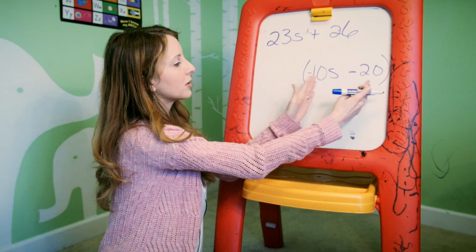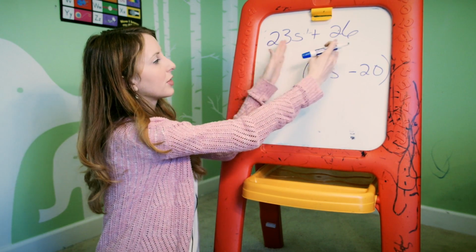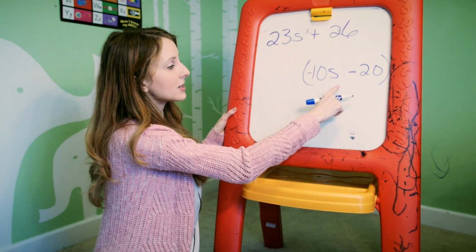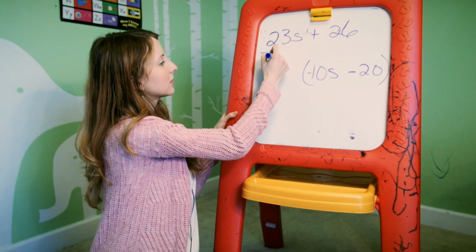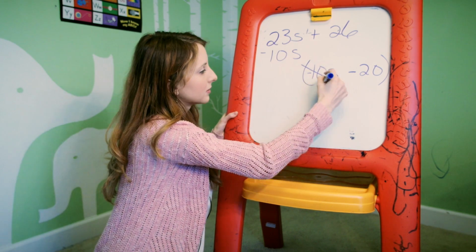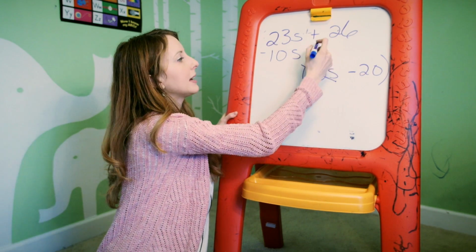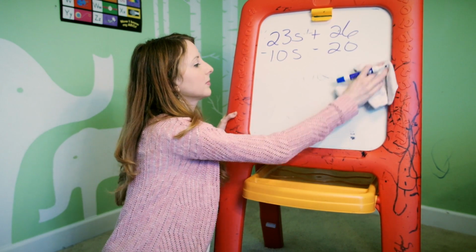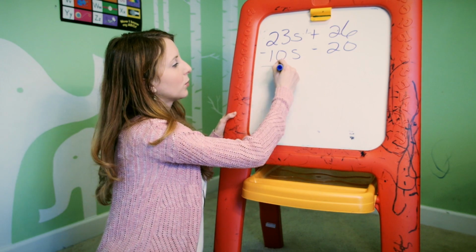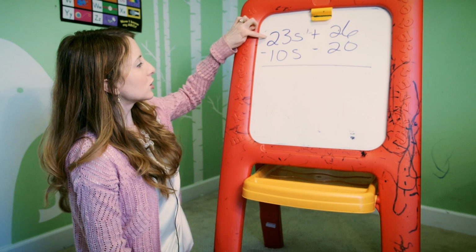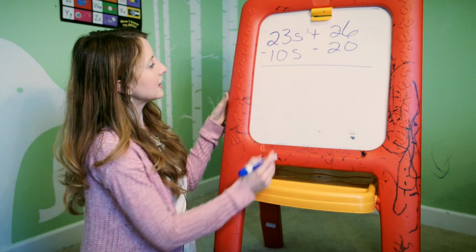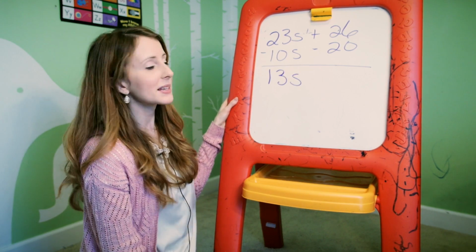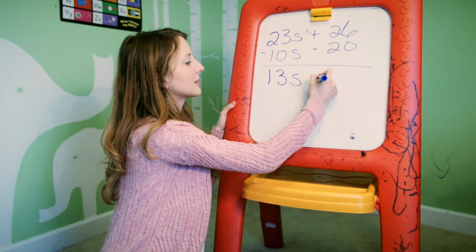Then you're going to take each of those values and line them up with their correct like term. 23s and negative 10s are obviously alike. And negative 20 is alike to 26. We're going to add them together. 23 minus 10 is, of course, 13s. And 26 minus 20 is 6, positive 6.